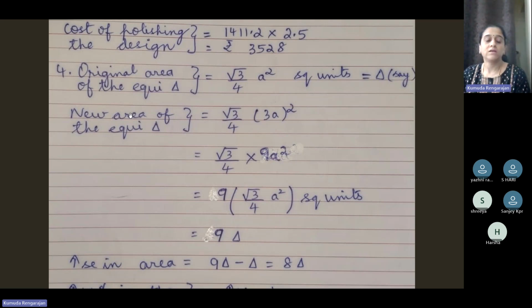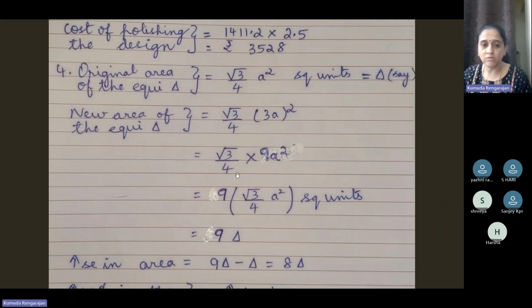Now the new area of the triangle, the sides are tripled, right? So the new side is 3a. So √3/4 into 3a the whole square, not 3a square, 3a the whole square. So √3/4 into 3a into 3a, 9a square.